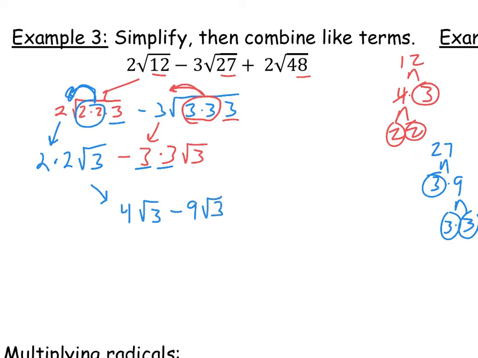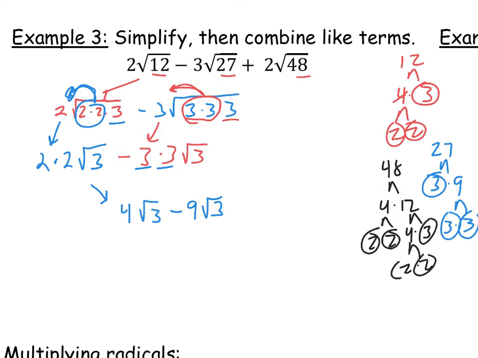And then the 48. We'll break down that 48. That's 4 times 12. 4 is 2 times 2. 12 is 4 times 3. 3 is prime. And then another 2 2's. Now remember, 4 isn't prime, so I'm not going to put that in there.